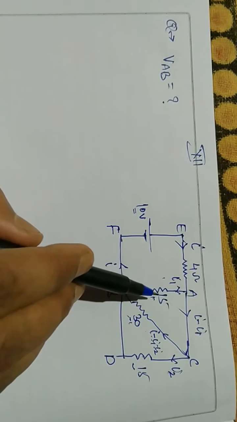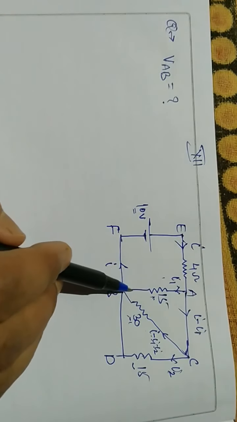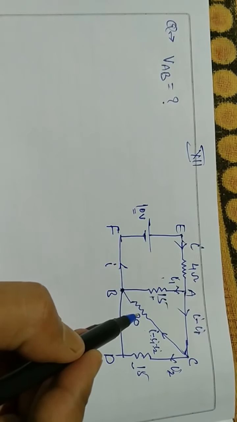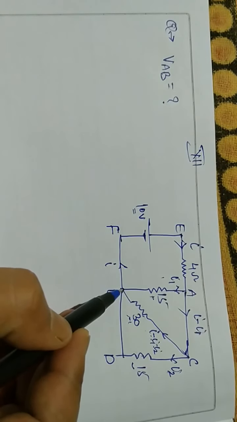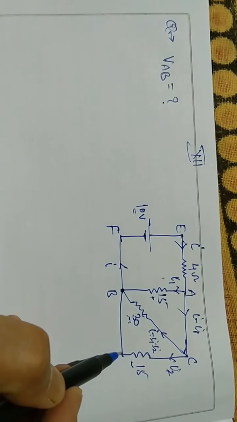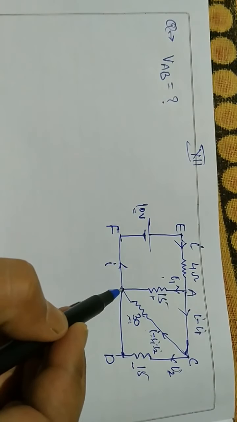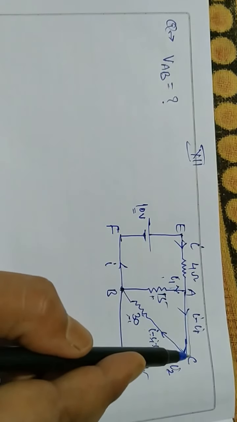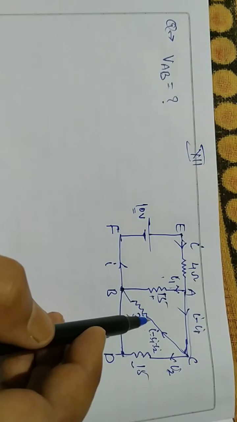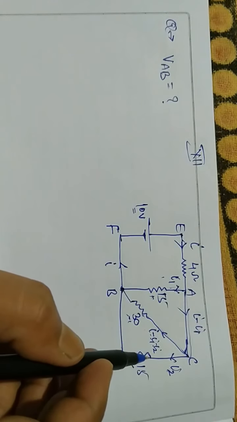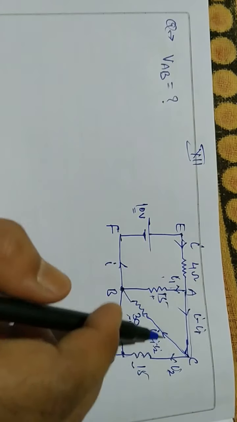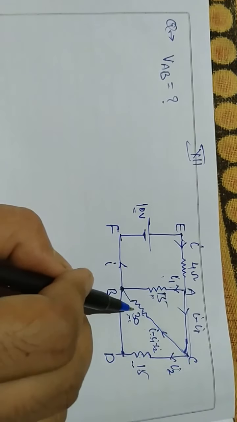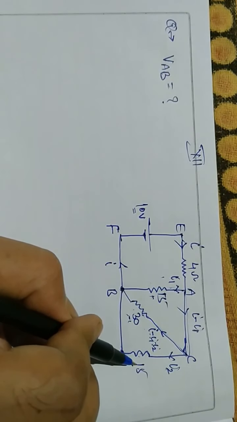Because one end of this resistance is connected with point B. Similarly, one end of this 30 ohm resistor is connected with B, and one end of this 15 ohm, again from point D, is connected at B. Similarly, the second end of this 15 ohm resistor is connected to point C, the second end of this 30 ohm resistor is connected to point C, and the second end of this 15 ohm is connected to C. It means these three are connected to point C. It means this 15 ohm, this 30 ohm and this 15 ohm are in parallel combination.